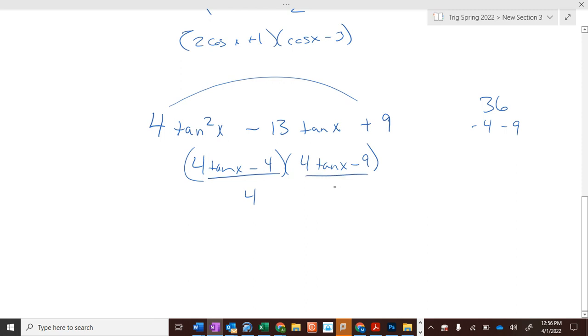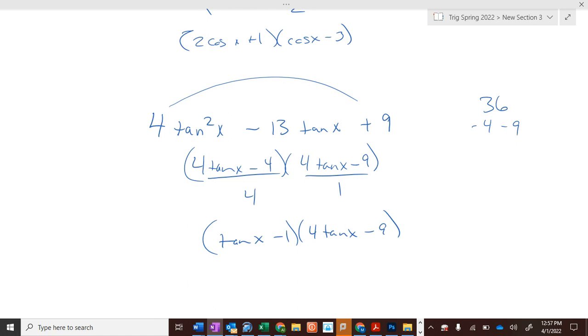Divide this one by 1. So it's tangent of x minus 1 times 4 tangent of x minus 9. So if we FOIL this, tangent times 4 tangent is 4 tangent squared. Outers is minus 9 tangent of x. Inners is minus 4 tangent of x, which adds up to negative 13 tangent of x plus 9.